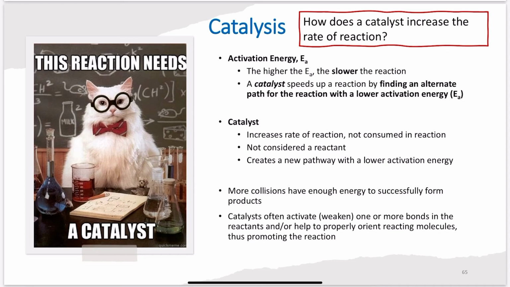Catalysts increase the rate of reaction, but they are not consumed in a reaction. They are not considered a reactant. They create a new pathway with a lower activation energy. Due to this new pathway, more collisions occur that have enough energy to successfully form products. Catalysts often activate or weaken one or more bonds in the reactants and or help to properly orient the reacting molecules, thus promoting the reaction to increase.